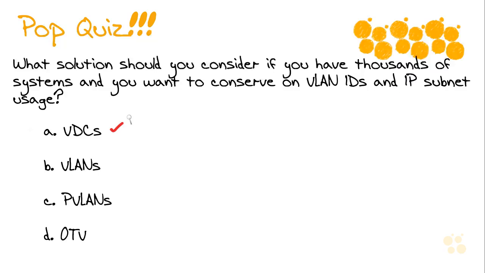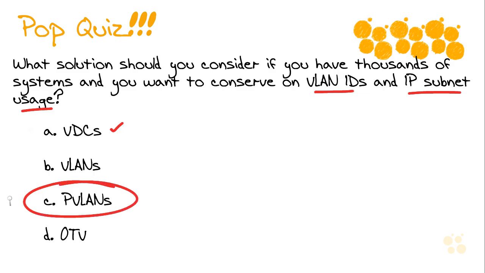VDCs sound pretty good here, but if you think about the conservation of VLAN IDs and IP subnet conservation, it's private VLANs out of this list, isn't it? We're not assigning a separate VLAN ID and therefore subnet to each device. That would be wasting VLAN IDs and subnets.